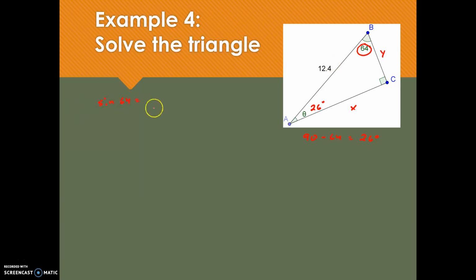And in this case, sine of 64 equals x, the side opposite, over the hypotenuse, 12.4. We're going to multiply both sides by 12.4 to get x by itself. We would have x equals 12.4 times the sine of 64, which should give us something like 11.15, sorry. 11.15.